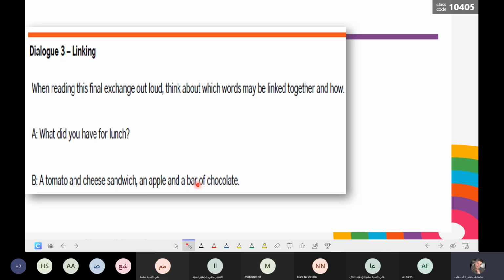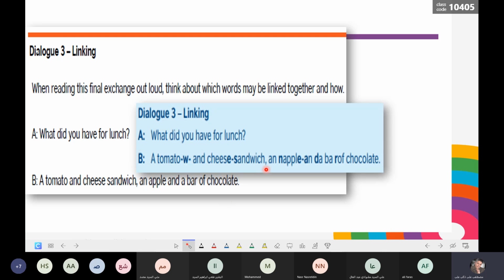If we don't pronounce the sound R in the word bar, then we will have a vowel, and the word of starts with another vowel. So there will be two vowels. We need to add yeah to pronounce it. Have you noticed this?